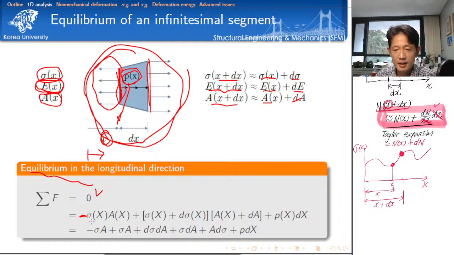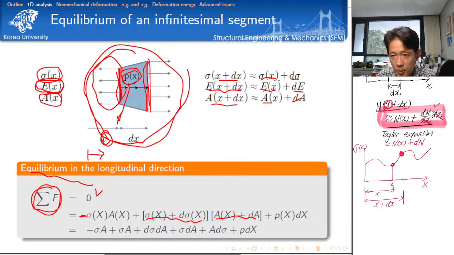That's why the internal force for the calculation of the sum of all the force components here is equal to normal stress times cross-section area. And then on the right-hand side, to calculate internal force, we need to multiply the normal stress at that point and the cross-section area at that point.